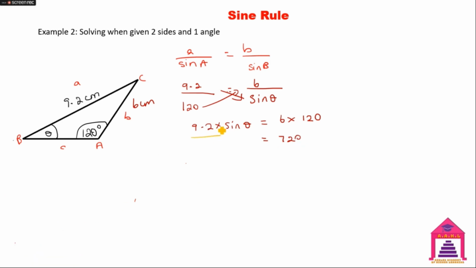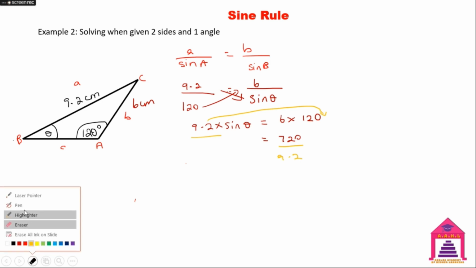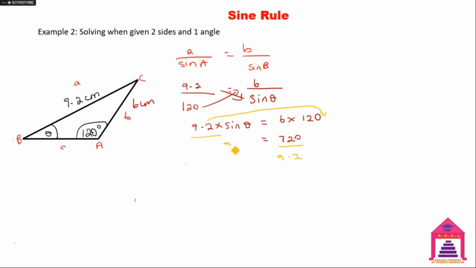And I take this here and bring this across here. So I get 9.2 sine theta is equal to, right?